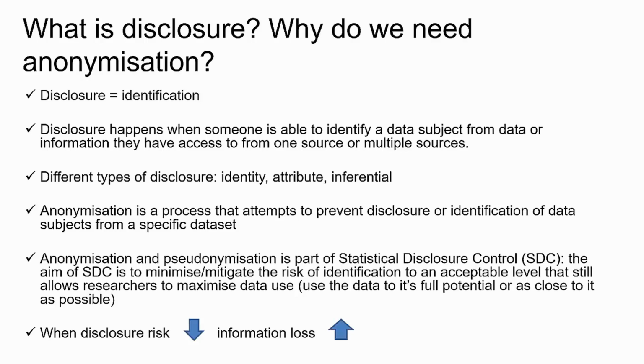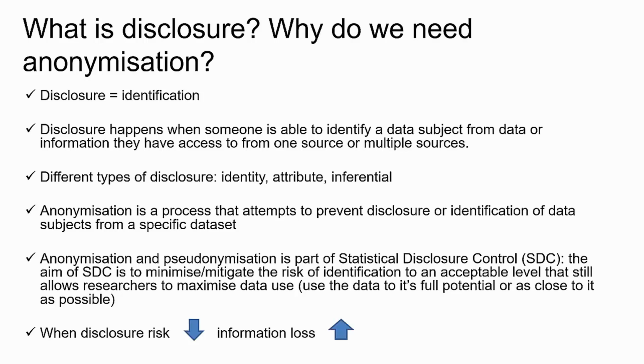So when we talk about anonymization, this is a process that attempts to prevent disclosure, right? So we're trying to prevent the identification of data subjects from a specific data set. Anonymization and pseudonymization, and we'll also talk about the difference between them and the roles they play in sharing data, are both part of statistical disclosure control, or SDC.